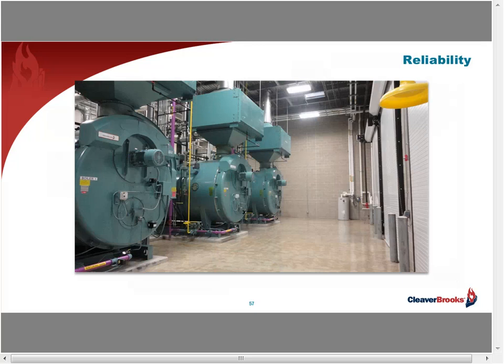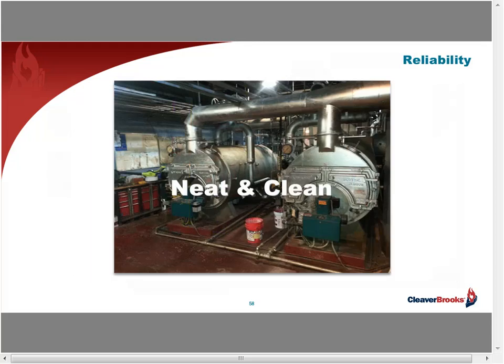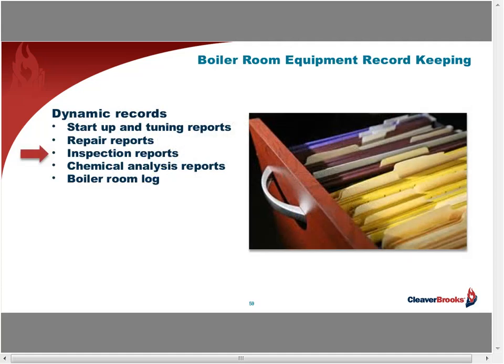But that doesn't mean the boilers and facility were new or relatively new. On the contrary, they can be old like this boiler room. The telltale sign is that reliable operations are always neat and clean. And when you see a boiler room like this, I'm sure you'll also find well-organized files all nicely assembled and tabbed for easy access.